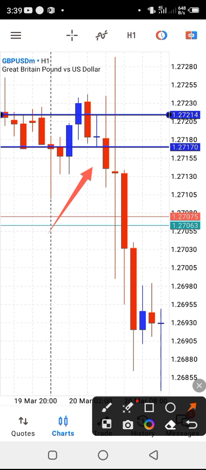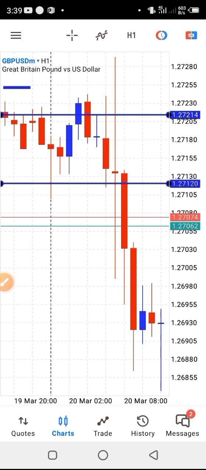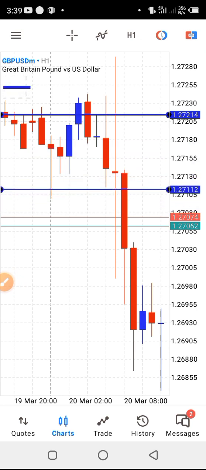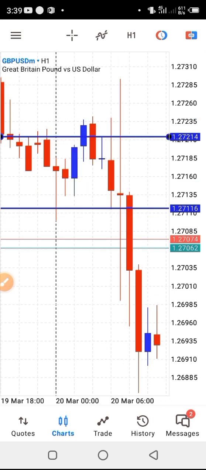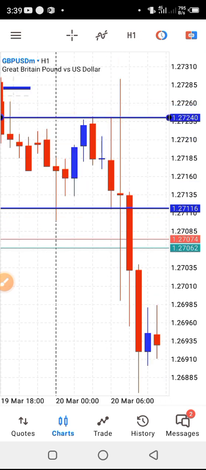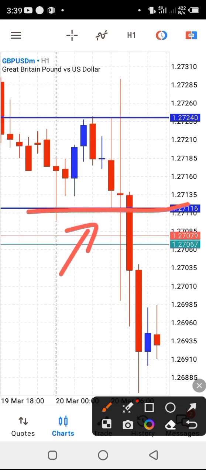Now that our bias is bearish, that candle that gave us that bias, we mark out its own boundary. And then our point of interest will be the line below that boundary, since we are going bearish. So let me mark out the boundary first. Okay, so the boundary is marked out, but my area of interest is where? This line right here, this horizontal line below, because we are going bearish.